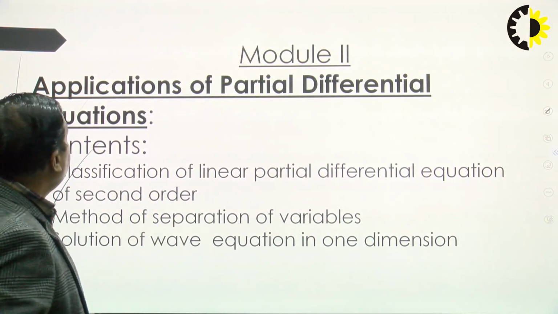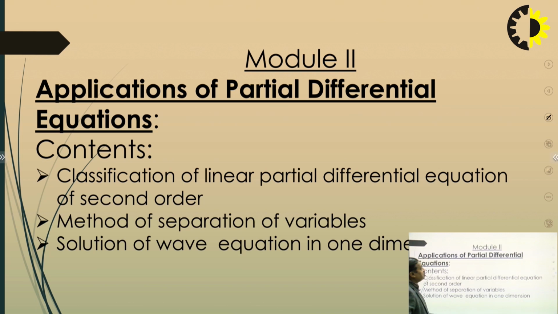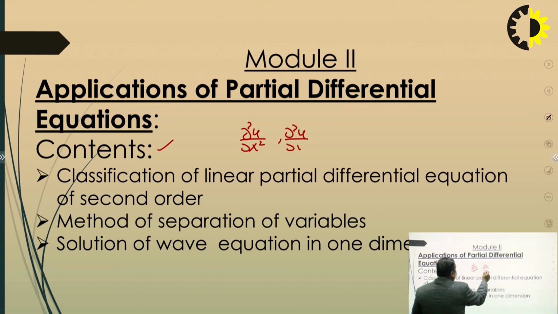In this module, we shall cover the application of partial differential equation, consisting of number 1, classification of linear partial differential equation of second order. That means del square u over del x square, that is second order. Del square u over del y square, second order.